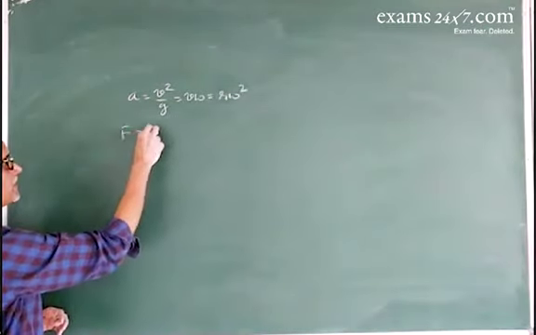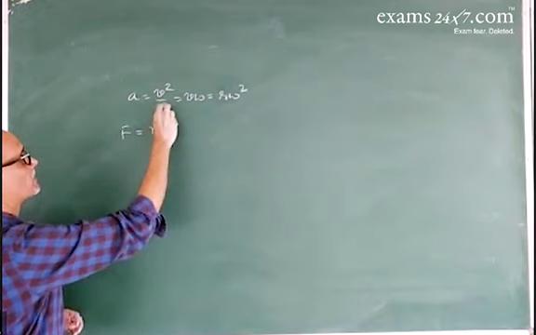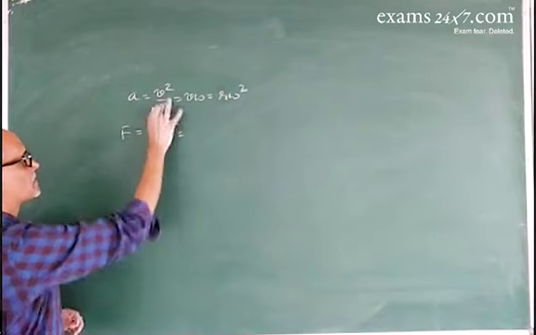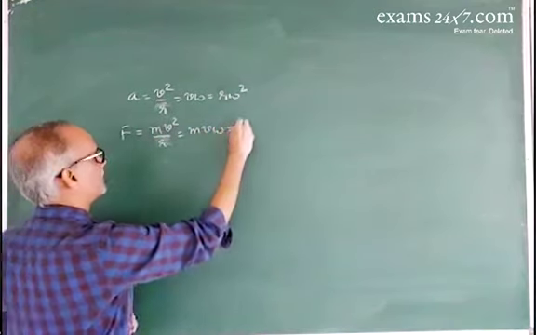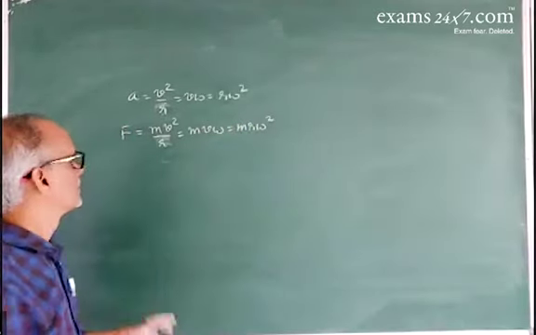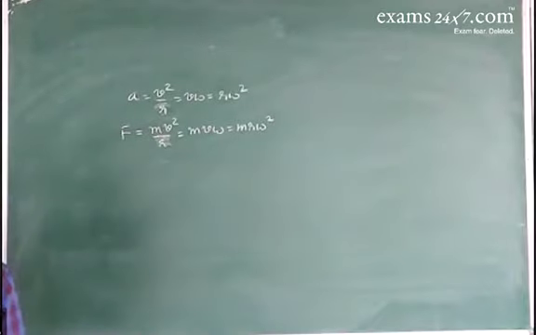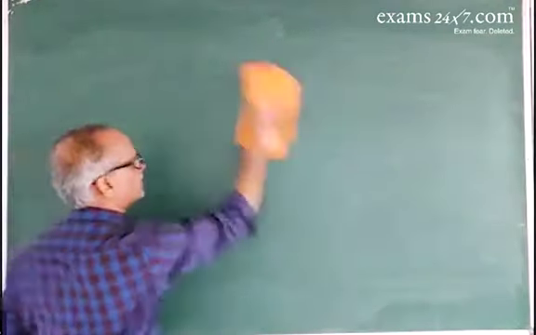The formula for the centripetal force is F is equal to m v square by r, then m v omega, and then m r omega square. So these three concepts are important: vectors, projectile motion, and uniform circular motion.